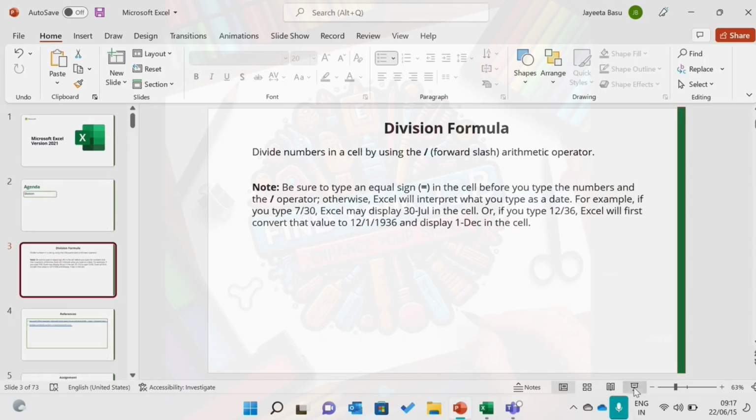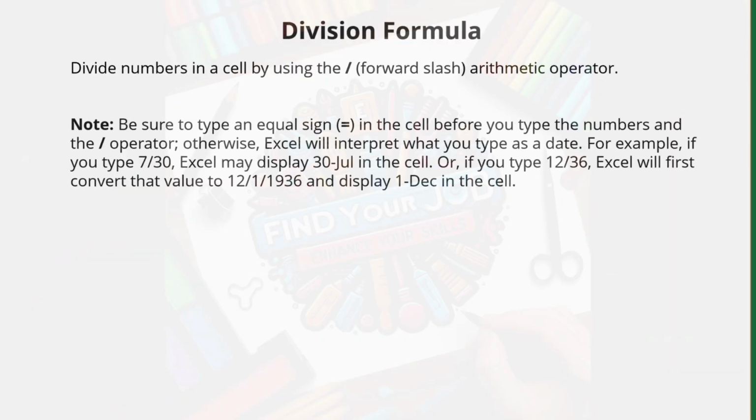Now, a very important thing that you should be knowing is, why are we inserting the equal to sign? Because if you're not inserting the equal to sign, it might just consider a date. Now, you have seen dates also come with a /, right? So you have the date, month, and the year, or month, date, year, depending on the combination that you would want it to be in as per your requirement, right?